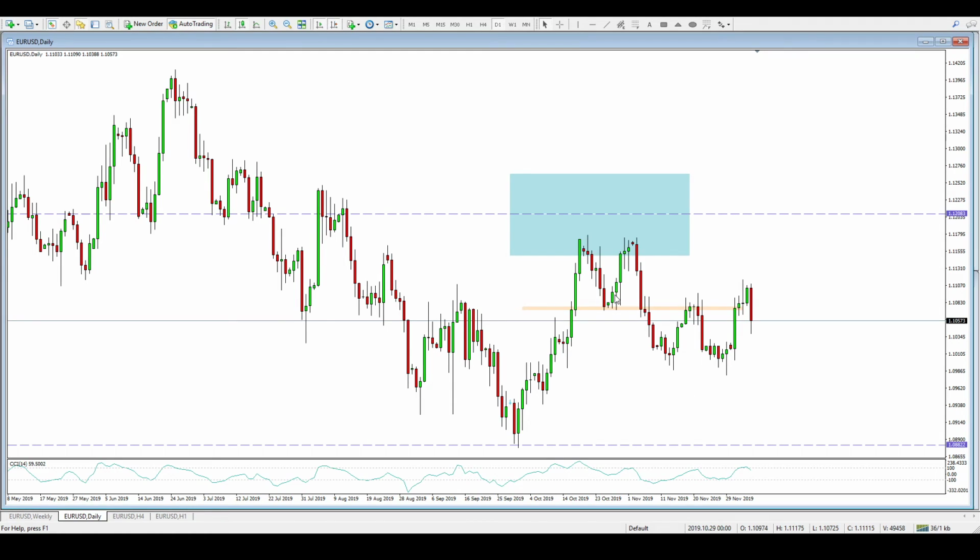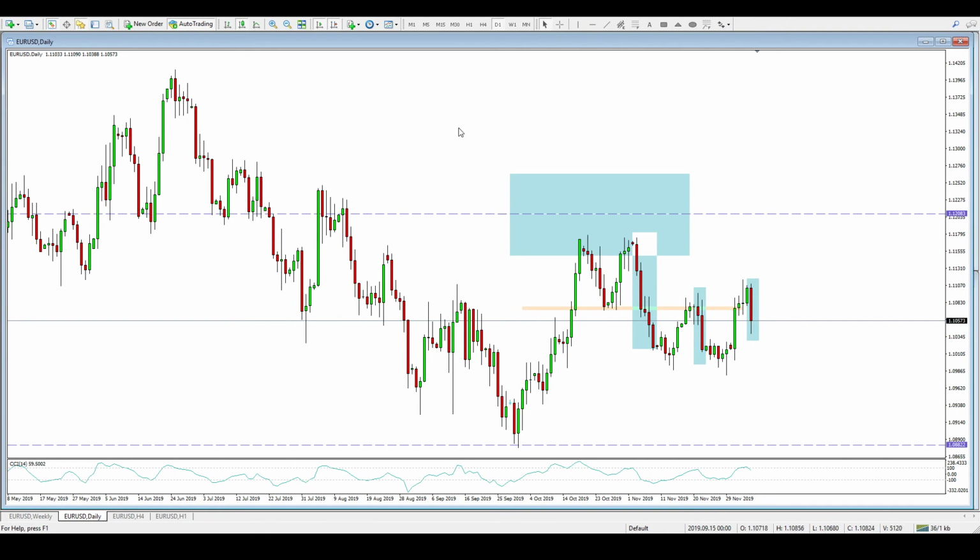Let's look at the candles. The first thing we want to pay attention to is the look of the candles, the weight of the candles, how much oomph, how many buyers, how many sellers are in each candle. So in recent months, look at this seller, look at this seller, look at this seller.